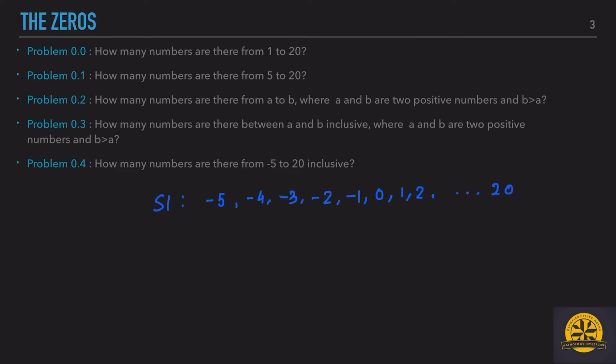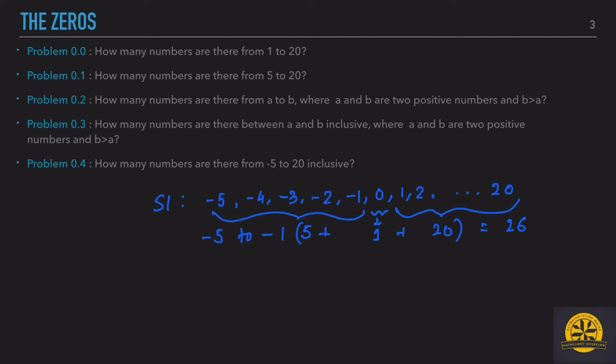One can count minus 5 to minus 1 as 5 numbers, 0 as 1 number, and 1 to 20 as 20 numbers, and then summing these 3 up, which is essentially 26. That's right.